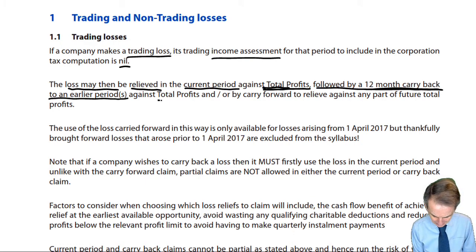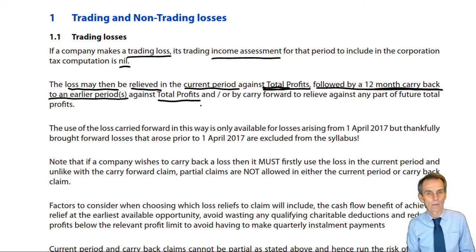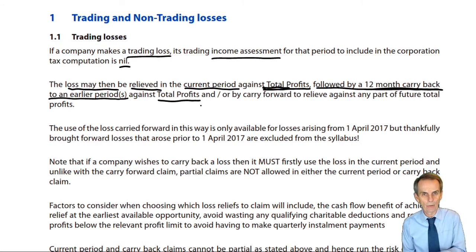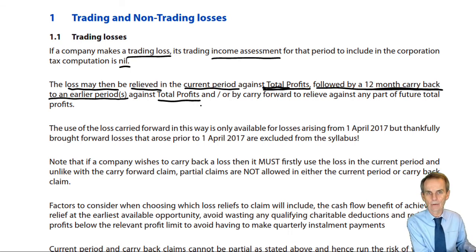Again, as in the current period, against total profits. Now, you don't have to make the current period claim followed by the carryback claim. You don't have to make the carryback claim, if you don't want to, after the current period claim. But anything that is not used in either current and thereafter carryback claims, there's only one direction.